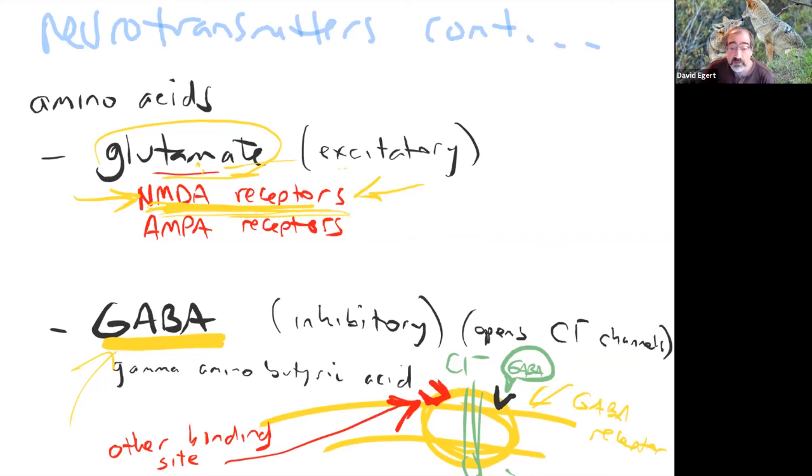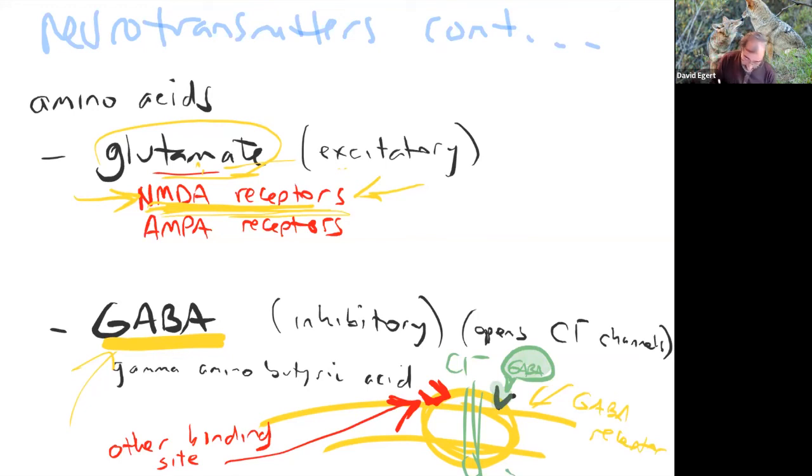A lot of these receptors that we're talking about sometimes have other binding sites that aren't for the primary ligand. So the receptors that bind GABA have a place to bind the main ligand, the GABA molecule, but they have other binding sites that modulate the activity of the receptor when you bind GABA.